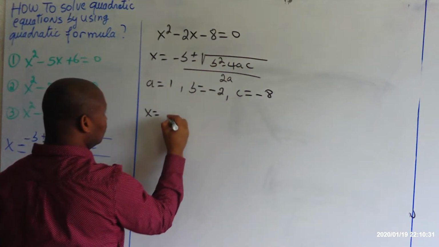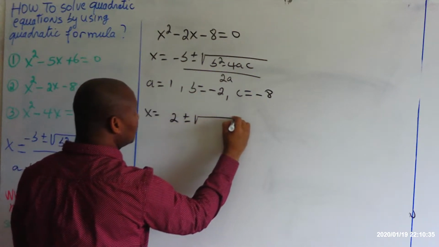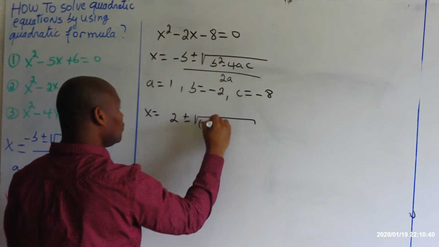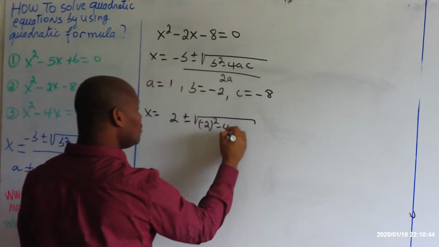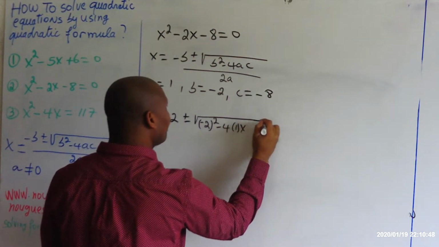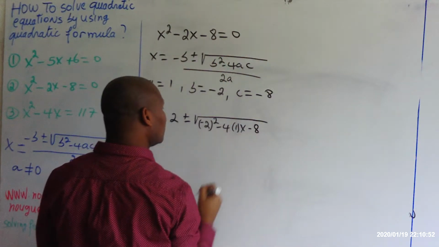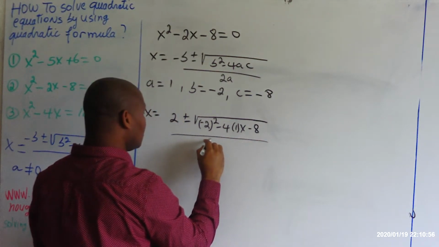Positive 2 plus or minus b squared, negative 2 squared, minus 4 times a, which is 1, times c, this is negative 8. Okay, over the whole thing, over 2a.